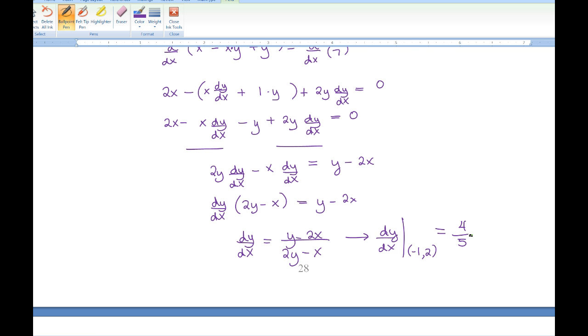Okay, so that was all the hard work, because if we're finding the tangent and the normal, they gave us the point. So we don't even have to worry about plugging it in. It's just y minus 2 equals 4/5 times x plus 1, and the normal would be y minus 2 equals -5/4 times x plus 1.